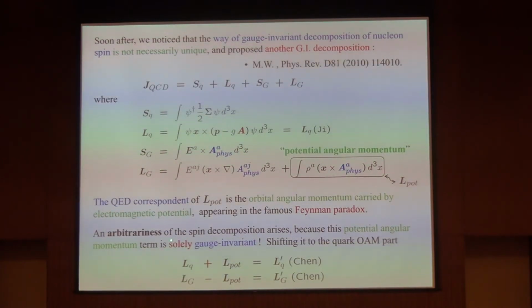And the arbitrariness of the spin decomposition arises because this term is separately gauge invariant. So shifting this from the gluon OAM part to the quark OAM part, we just obtain the quark and gluon OAM terms in the Chen decomposition.